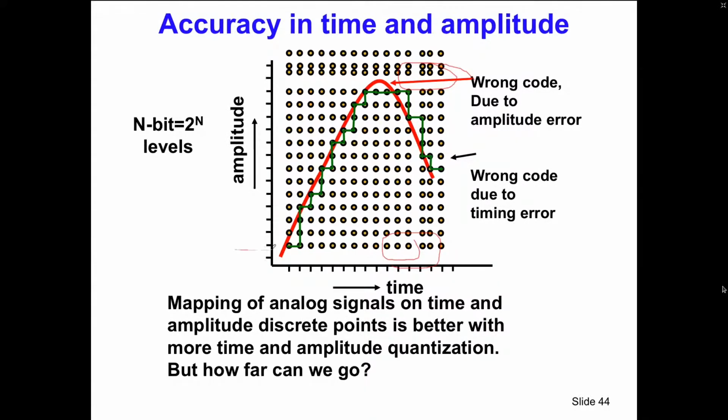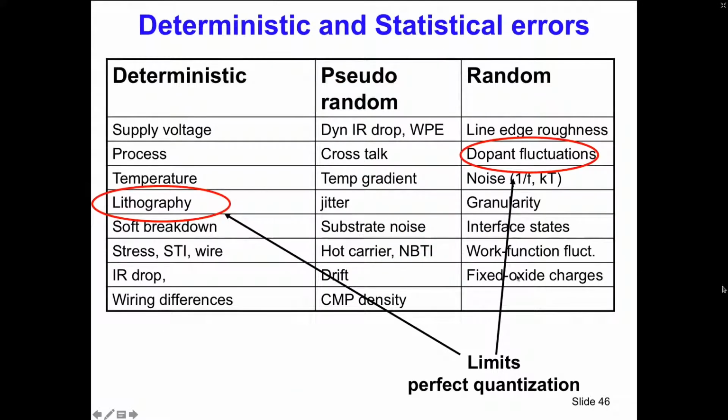How well can we guarantee that these points are nicely equidistantly spaced? And then, of course, we run into my little hobby, mismatch. And actually, within that field, there are a tremendous amount of effects that play a role.